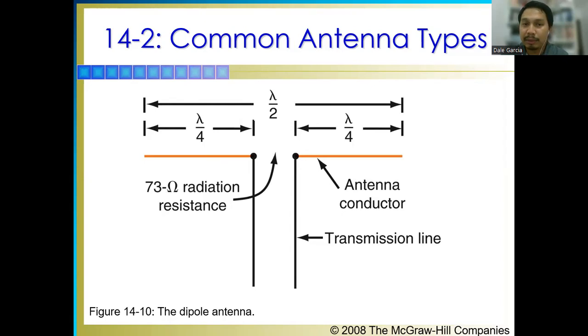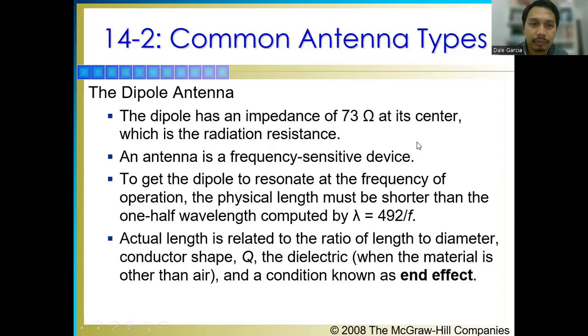So there are parameters of the antenna that we can vary. We can vary the thickness and the shape; if the length is already defined, it should not be changed. What can still be changed, like mentioned earlier, are the thickness and the width perhaps of our conductors. So a dipole has an impedance of 70 ohms at the center, which is the radiation resistance.